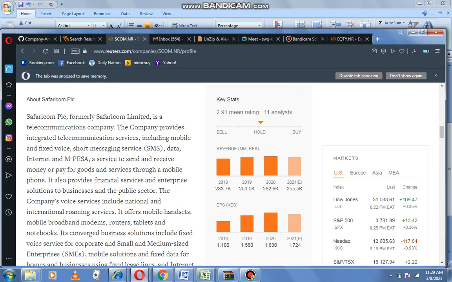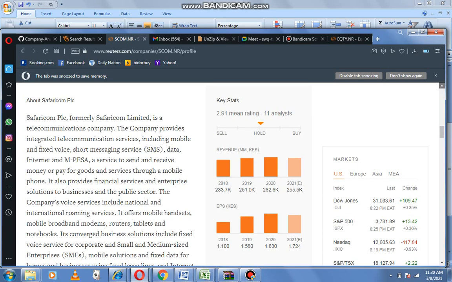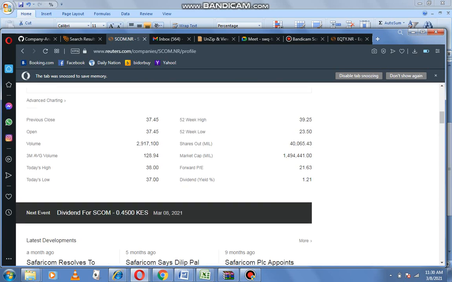Here we have them. You can see right here, you have the earnings per share from 2018, I hope you can see, all the way to 2020. Which company is this? Safaricom. So basically, that's where you are going to get the earnings per share.